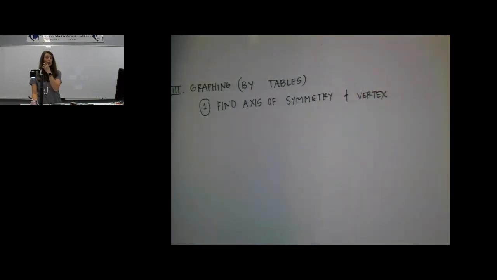Okay, so remember your vertex is the changing point. Just like with an absolute value equation, when you found the vertex of an absolute value equation, the same thing is what you're doing here. So it's going to go in the middle, then you want to go to the left of that number and then to the right of that number.